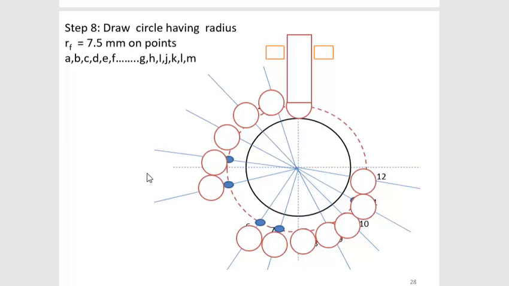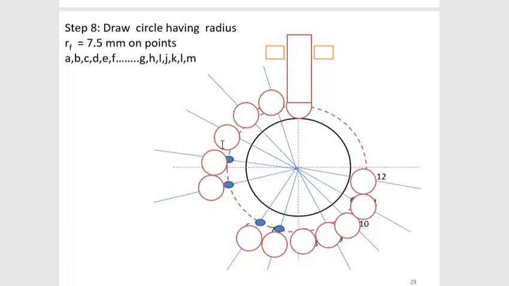I will take on the compass the radius 7.5 mm with A as the center. I will draw an arc, or you can draw a full circle also. Similarly, with B as the center, I will draw an arc or a full circle with radius 7.5 mm.